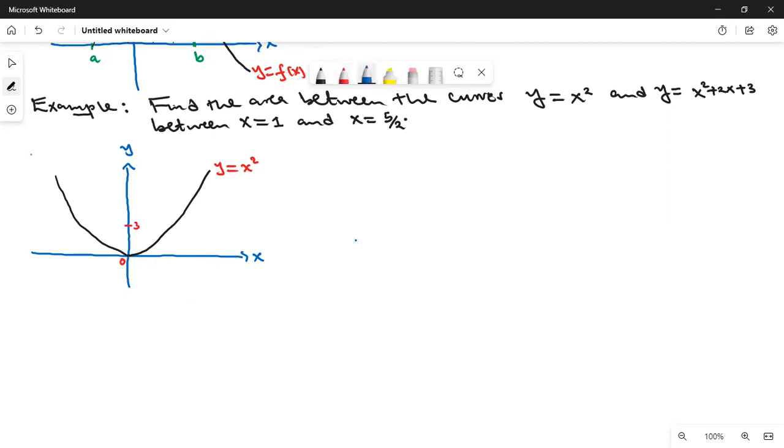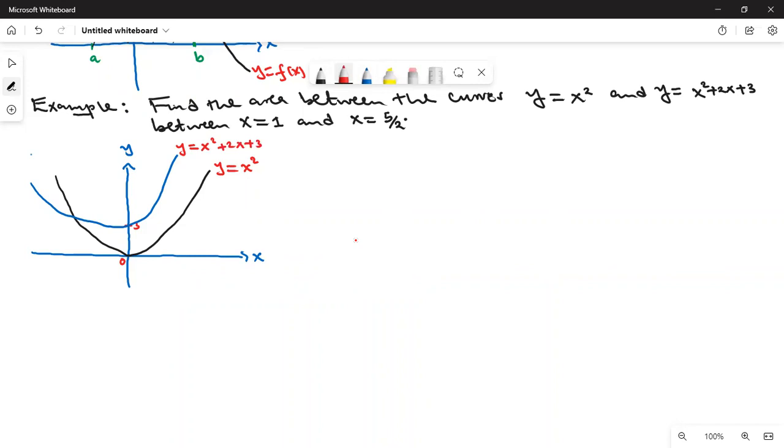I'm just sketching. So this is y equals x squared plus 2x plus 3.